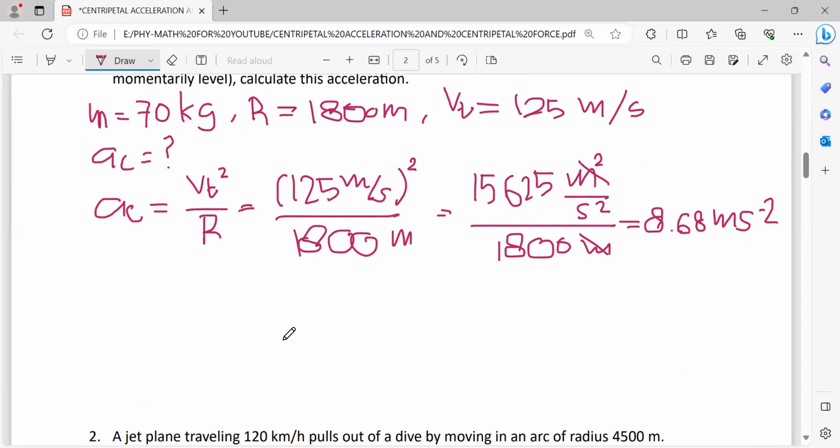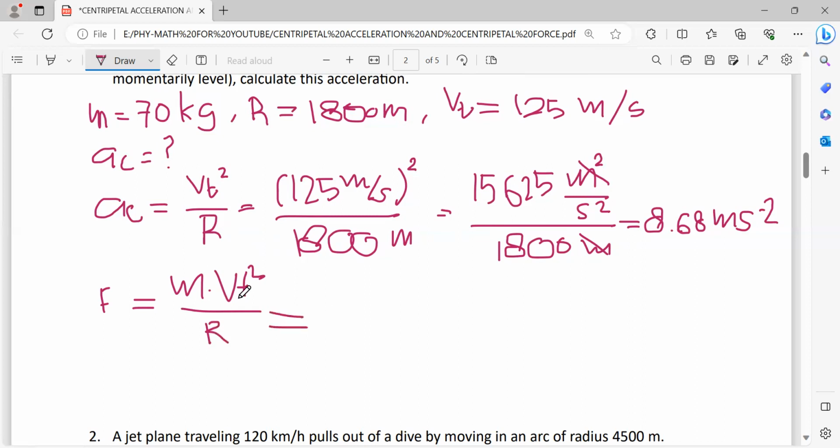And if you want to calculate the centripetal force, F or FC equals m times Vt squared over r.